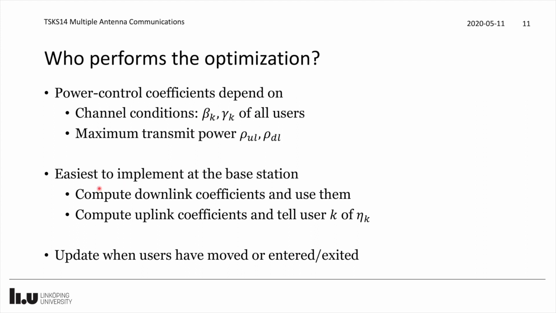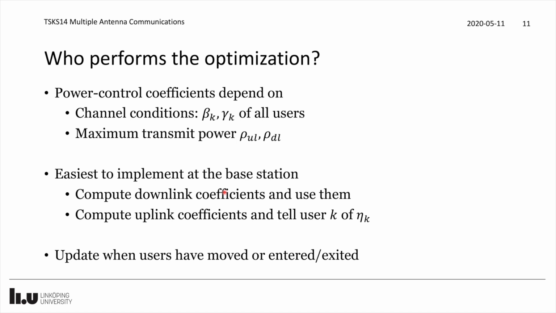So it's easy for the base station to implement these two methods that I was describing in the uplink and the downlink. In the downlink, the base station will just compute the coefficients that it needs and use them. And then that will lead to certain SINRs for different users, which with max-min fairness was the same. It needs to inform the users of what kind of modulation schemes are being used in order to achieve that.